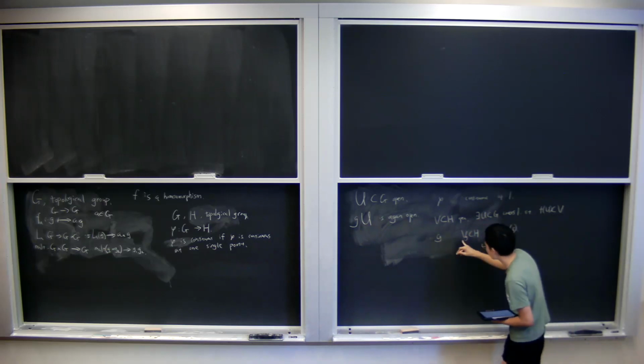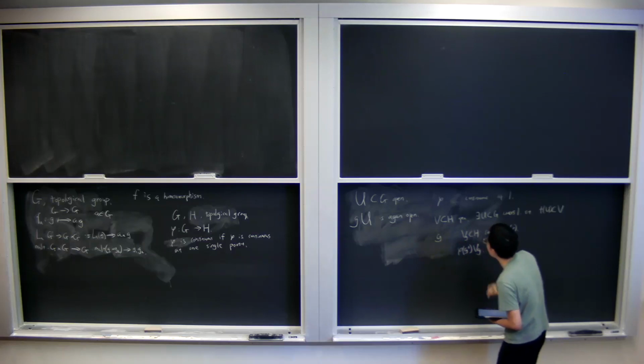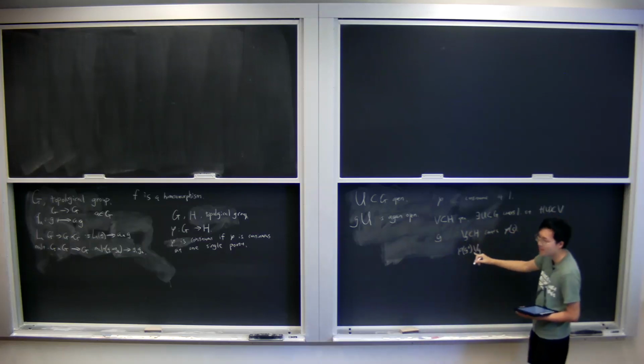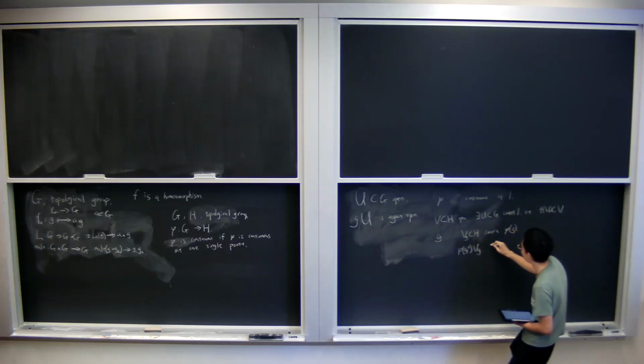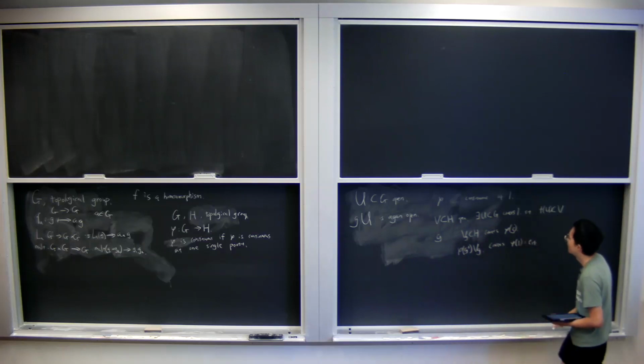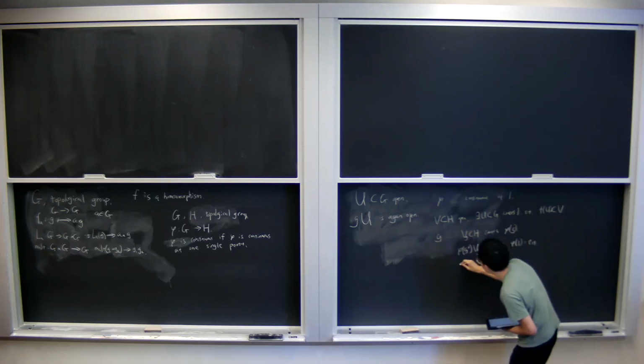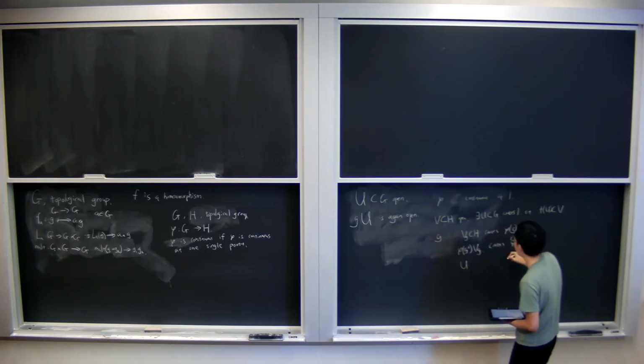So we can shift it by this element, and this open set now covers the identity of H. And then by our assumption, there's an open set in G that covers the element 1.